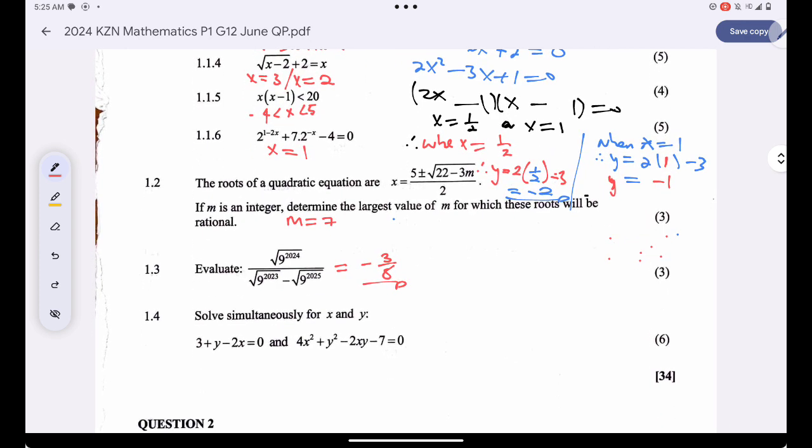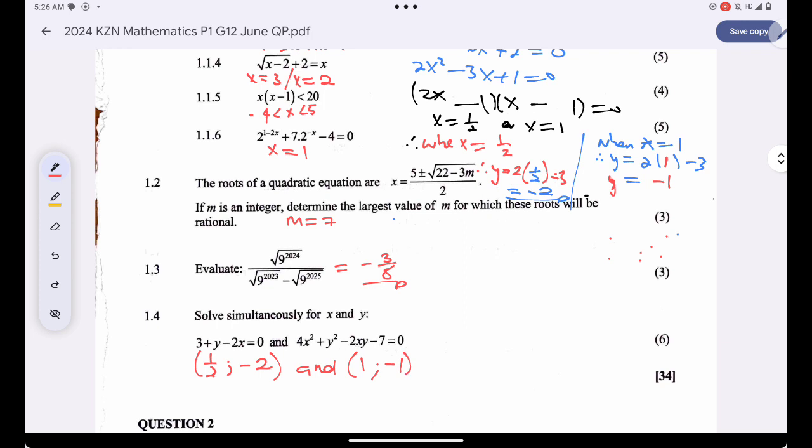So when my x value is half, my y value will be -2, and when my x value is 1, the corresponding y value will be -1.